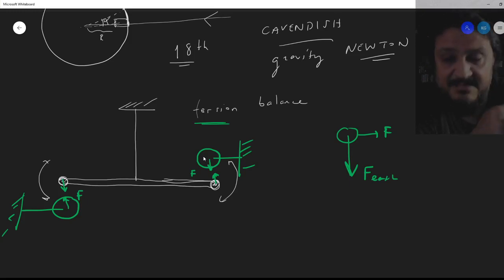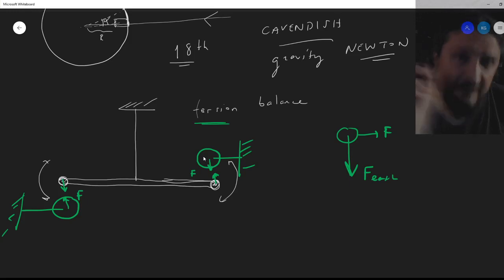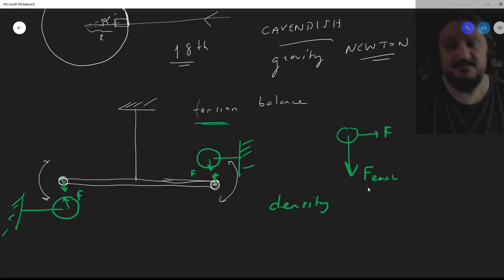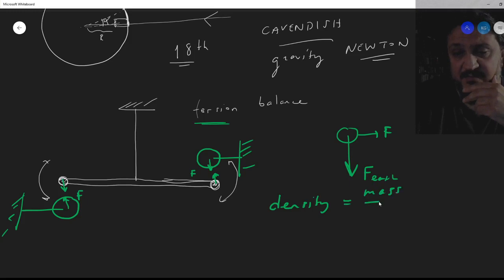And from that, since he knew that from Newton's theory, the other part of the force equation has to do with the mass of the Earth, he found the density of Earth. Density has to do with how much mass you have in a unit volume. So you take the mass of the Earth and divide by volume.